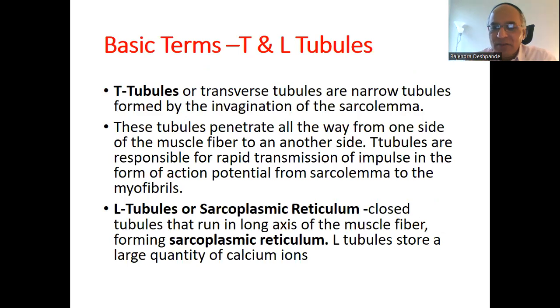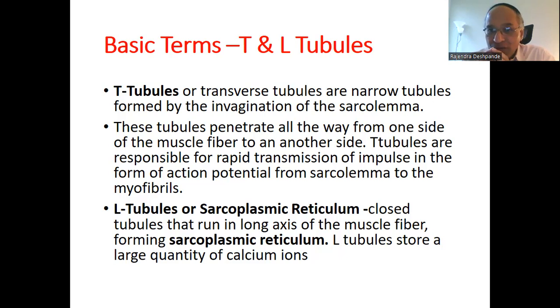Next, first try to understand the basic terms in the muscle, because you know the sarcoplasm. This is the structural and functional unit of the muscle where the actions take place. So what are the T-tubules and L-tubules? I am going to prepare another video to explain the structure of muscle. But T-tubules are nothing but transverse tubules, narrow tubules formed by the invagination of the sarcolemma.